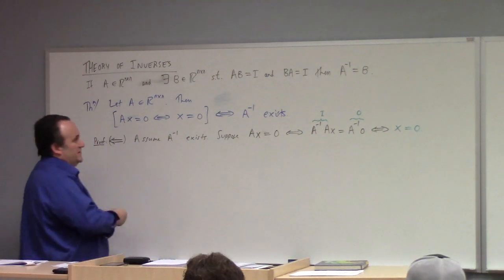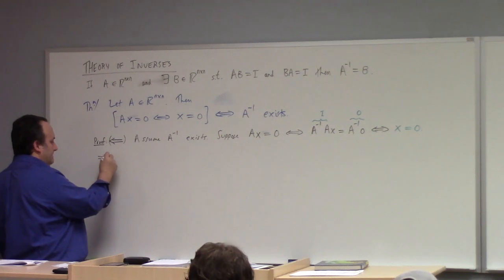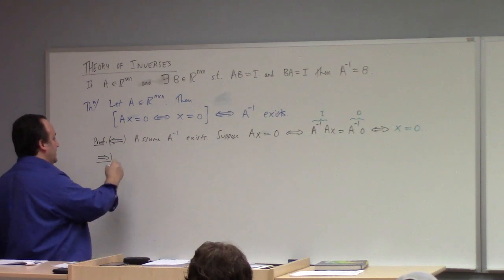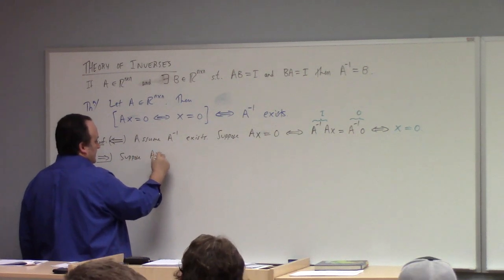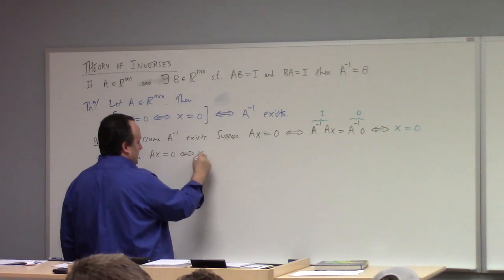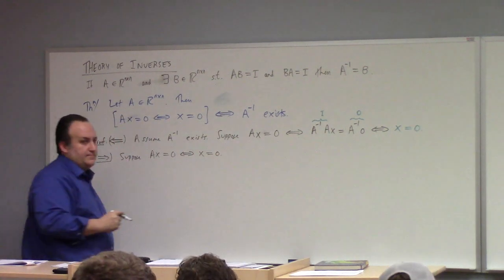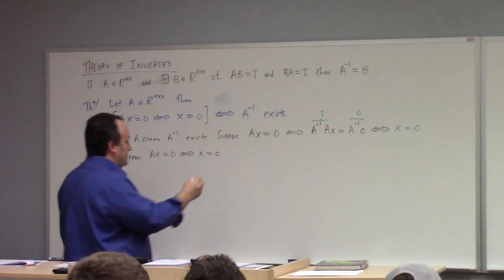The other direction, though, is a little bit more troublesome, all right? So suppose AX equals 0 if and only if x equals 0, right? Then what can you tell me about row reduction?